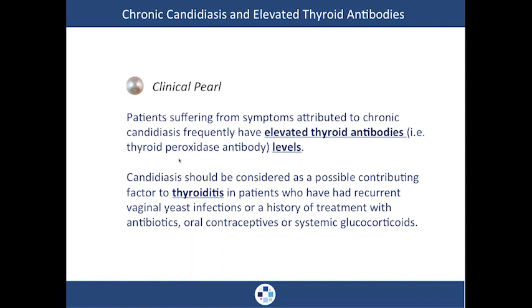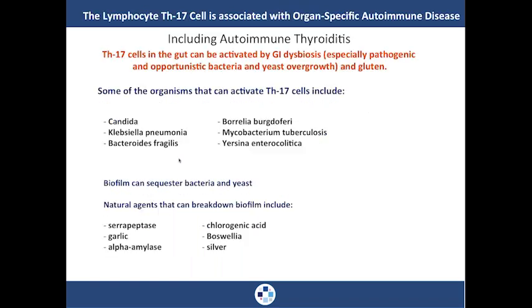In the gut, it can irritate these Th17 cells, which are organ specific, and irritate the thyroid gland. There's definitely a connection there. So if there's a patient with a history of recurrent vaginal yeast infection, or a history of a lot of treatment, antibiotics or contraceptives or systemic glucocorticoids, check them out for yeast. A stool analysis may be in order, which I like better than looking for antibodies, by the way.